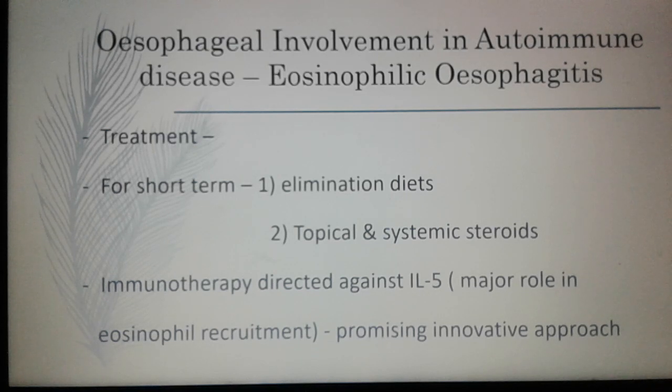Nowadays, anti-interleukin 5, that is immunotherapy directed against interleukin 5, is a very promising approach under study. This interleukin 5 has a very major role in eosinophil recruitment, and if we block it, we can help these types of patients.